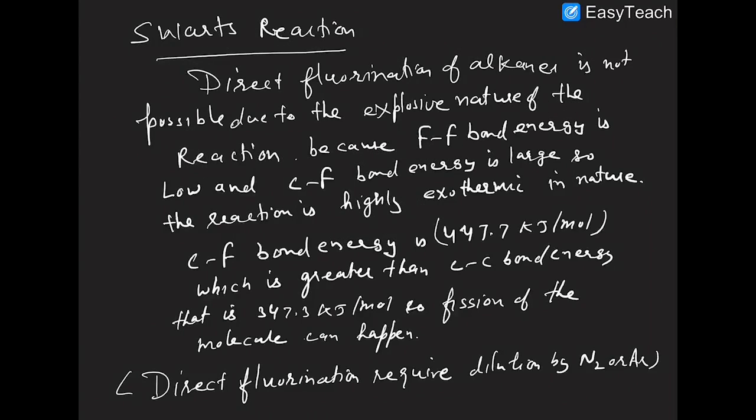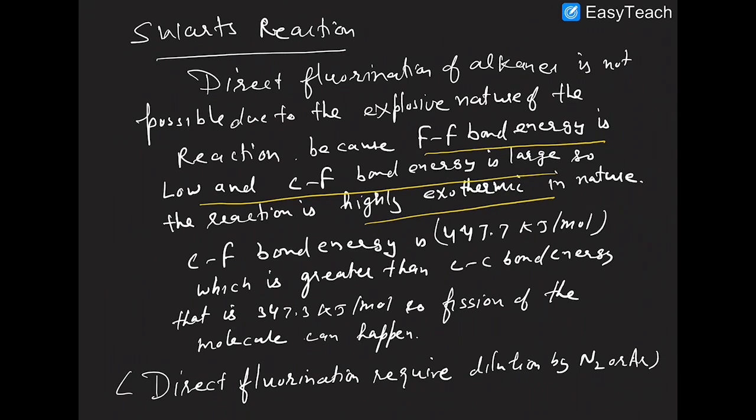Now in the Schwarz reaction, direct fluorination of alkanes is not possible due to the explosive nature of the reaction. Why? Because the fluorine bond energy is low and the CF bond energy is large, and the reaction is highly exothermic in nature.